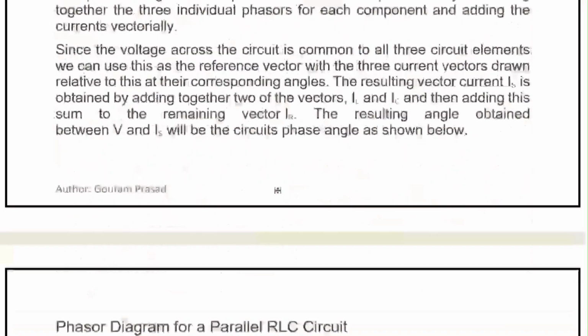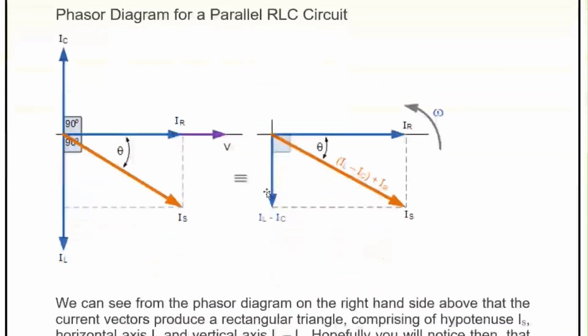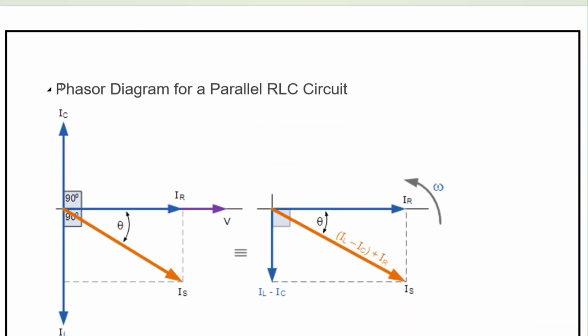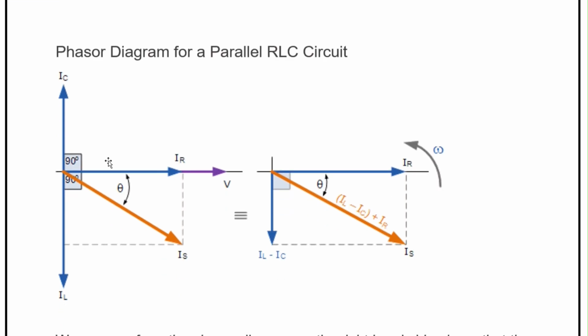RLC circuit. Here is the phasor diagram. IC is the current through the capacitor. IR is the current through the resistor, and IR is in phase with V. As we have seen, the current through the resistance is in phase with the voltage.